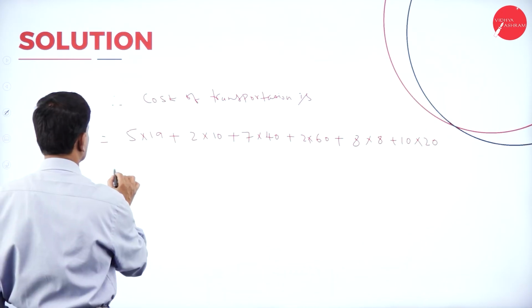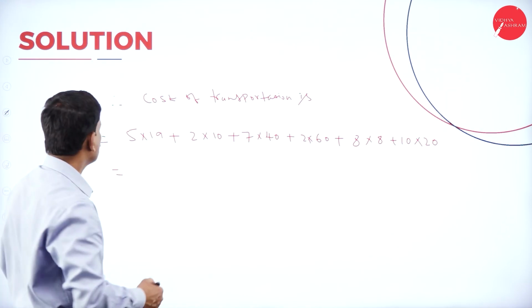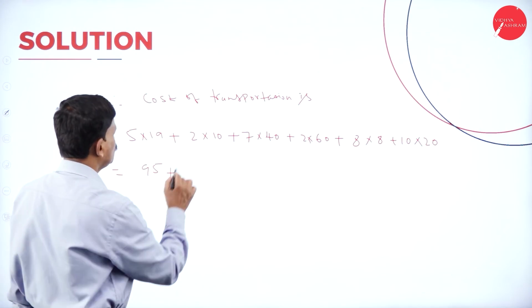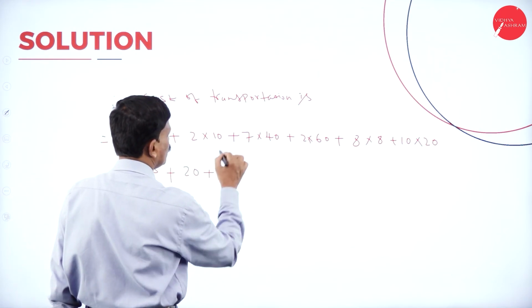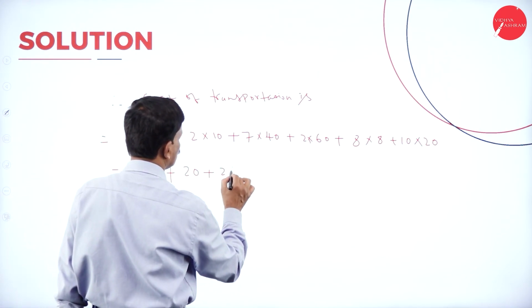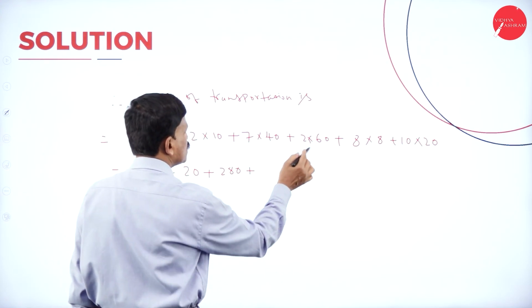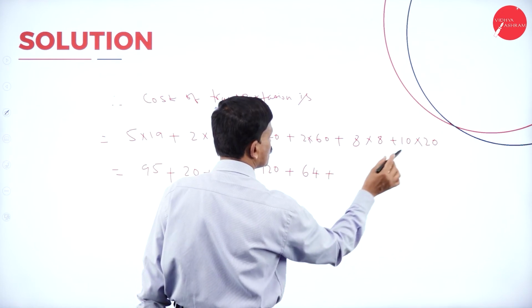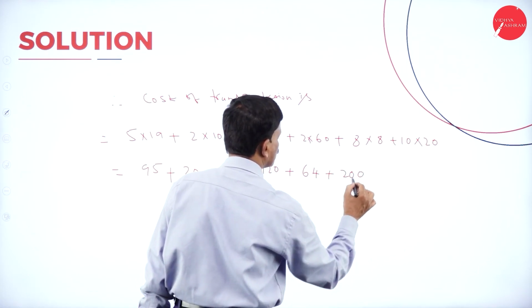Now let us see. Now simplify this. So 19 into 5, 19 5s are 95, 2 into 10 is 20, 7 into 40, 7 4s are 28, 280, plus 6 2s are 12, 120, 8 8s are 64 plus 10 into 20 is 200.